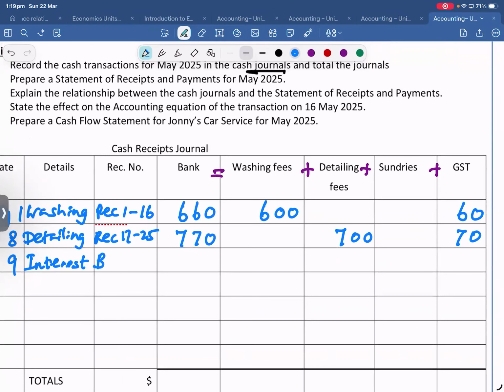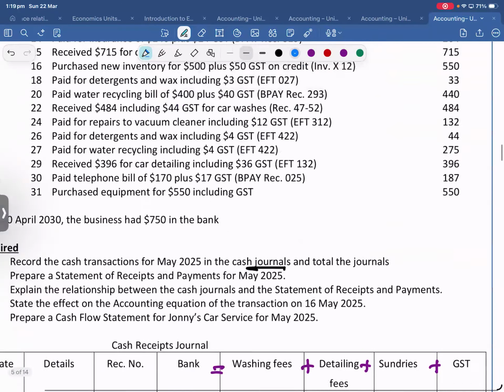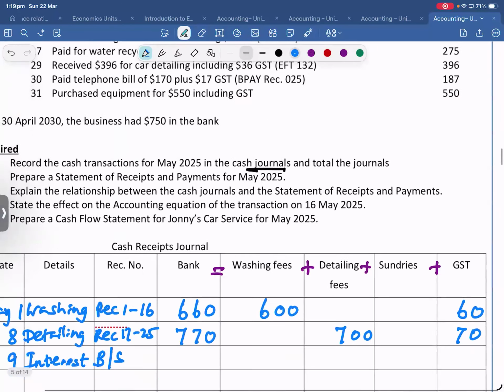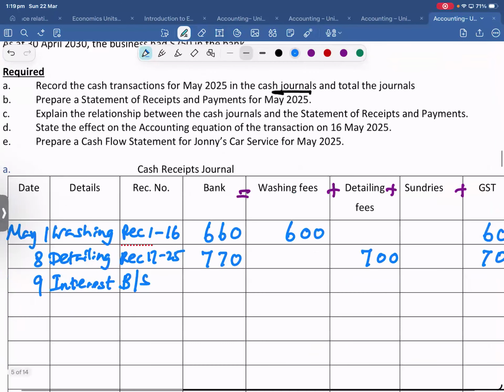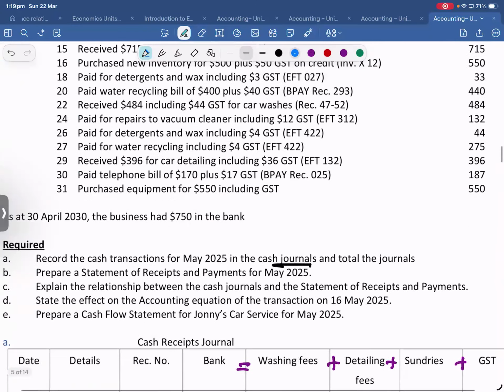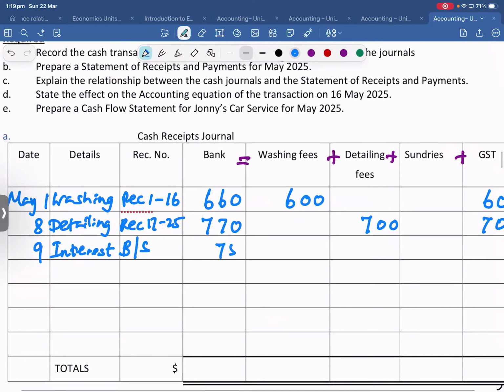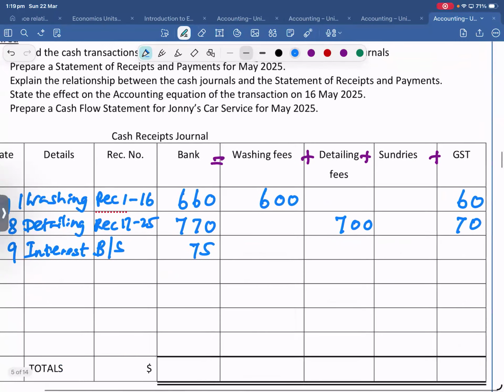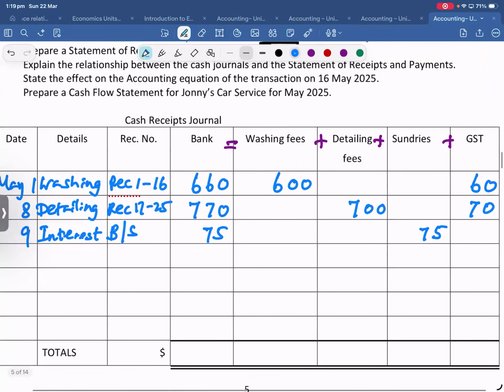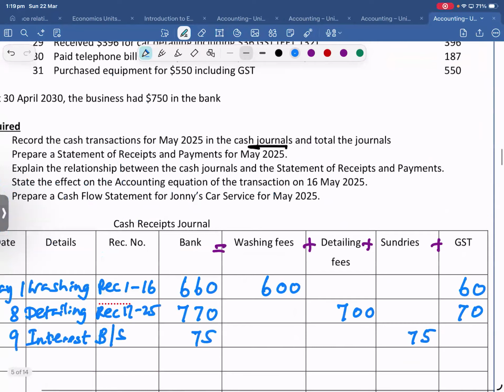BS means bank statement, you can just put BS, right? And then how much is it? 75. We'll put it here. Which column do you think we should record? Ocean, detailing, sundries, GST. Very good, sundries. Okay. Next one.